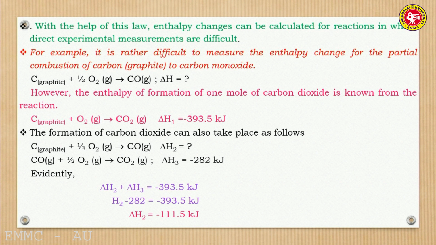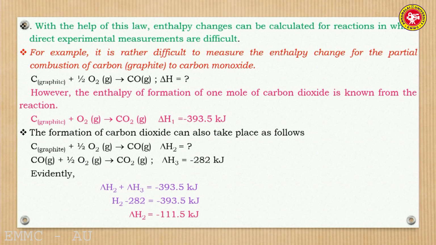The formation of carbon dioxide can also take place as follows, in two steps. Carbon with half a mole of oxygen gives rise to carbon monoxide; here we are going to calculate the delta H2 value. Carbon monoxide reacting with half a mole of oxygen gives rise to carbon dioxide; here the delta H value obtained is minus 282 kilojoule.